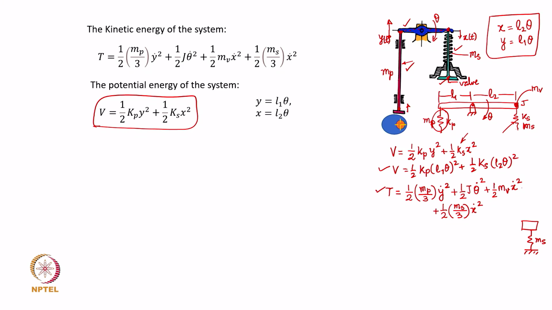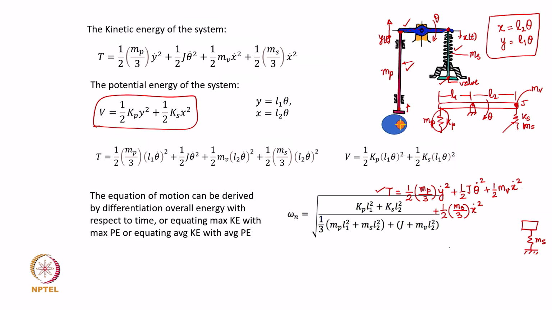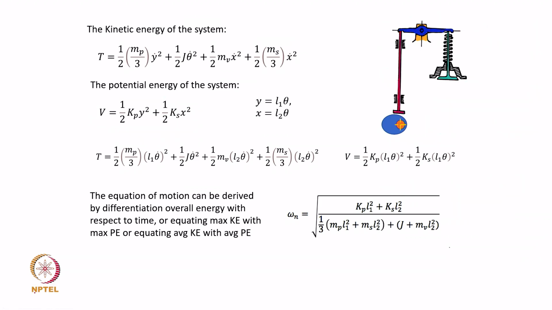The only degree of freedom here is theta. x and y are related to theta through the lengths of the arms, and therefore, if you substitute y and x into these two equations and then apply the conservation of energy, that is the time derivative of total energy is 0, you will find the expression for the governing equation. Okay. And the expression which I have highlighted here is obtained like what you see here, right.